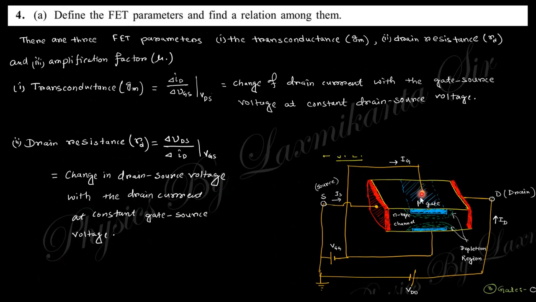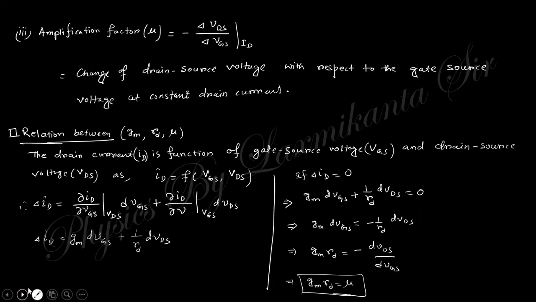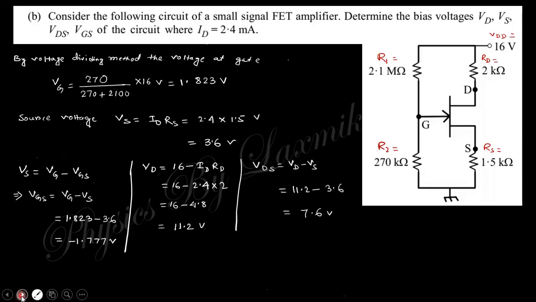Just write down this one, and this is nothing but gm, and this is 1 by rd, and this total is conserved, the current change is 0. So you will get this relation, and this is nothing but mu. So these are the relations between the transconductance, drain resistance, and the amplification factor.